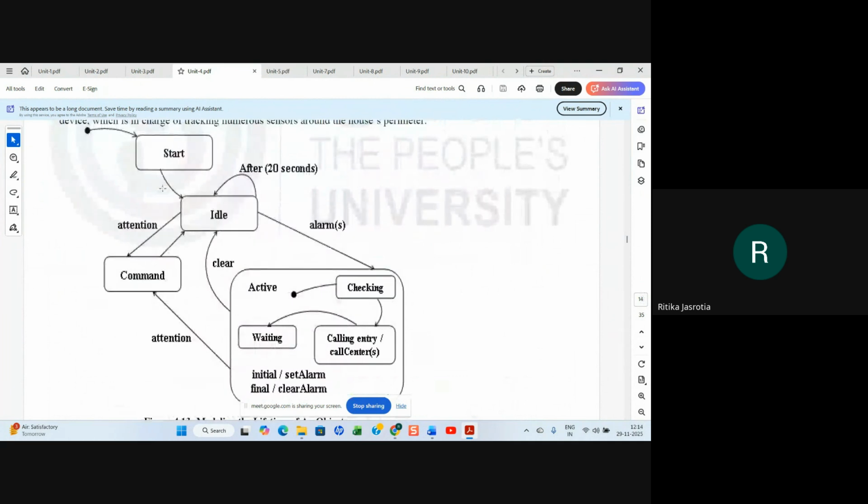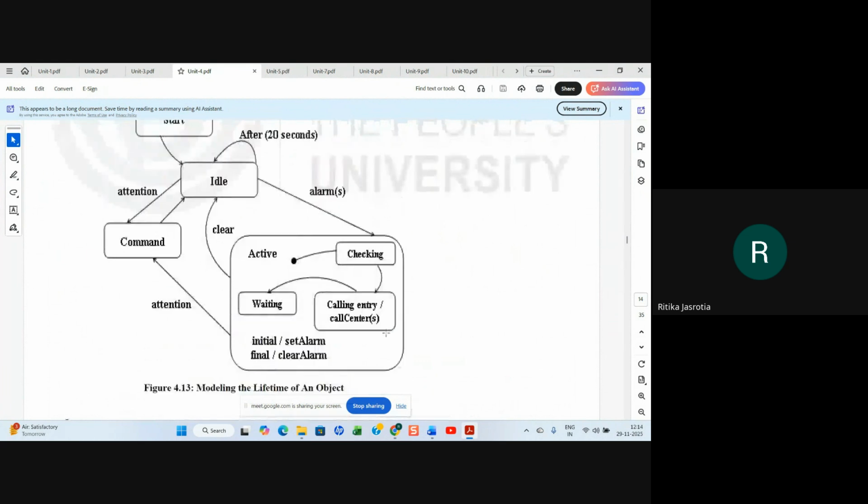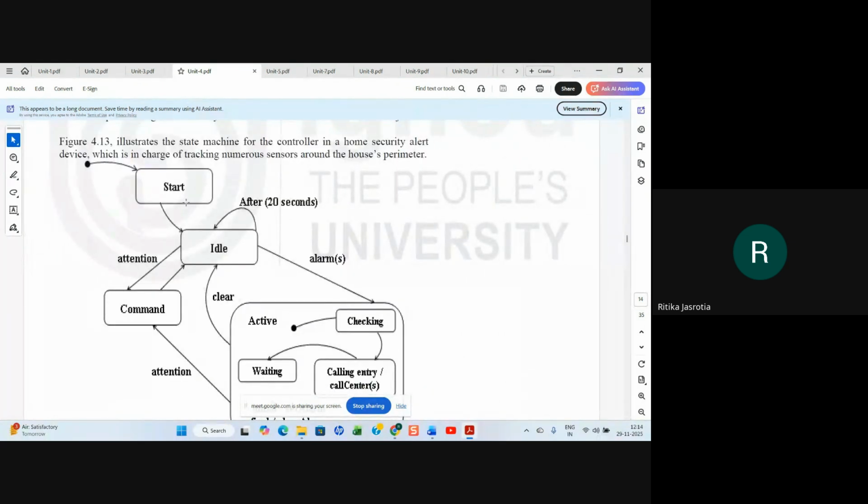So like here, your starting state is there and an ending state will be there. So start state, then it goes to idle, right? Idle, if there is attention, then it will go to command, right? After every 20 seconds, it sees whether some attention is there, or it is still idle.